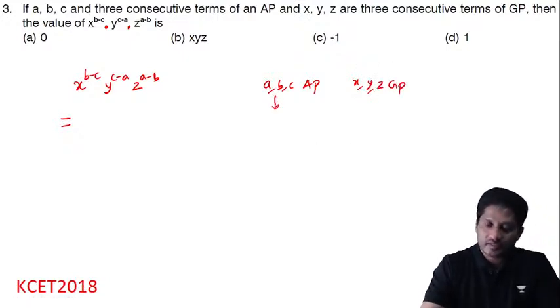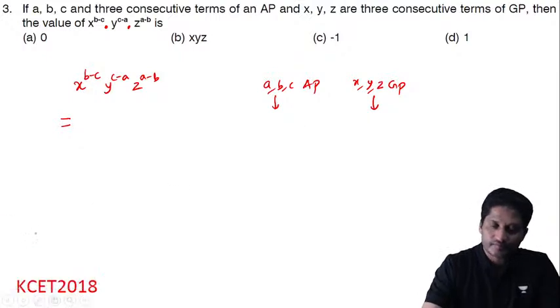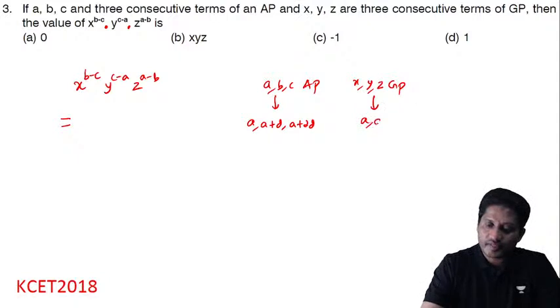This is in AP, of the form a, a plus d, a plus 2d. X, Y, Z is in GP, this is of the form a, ar, and then ar square.